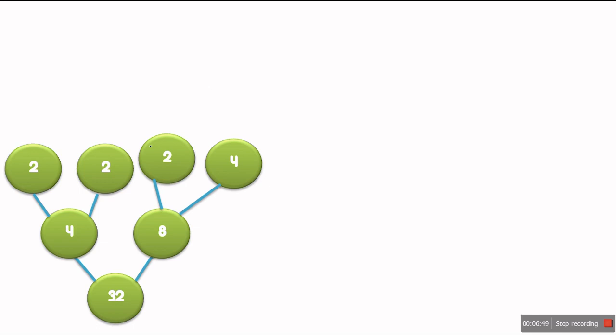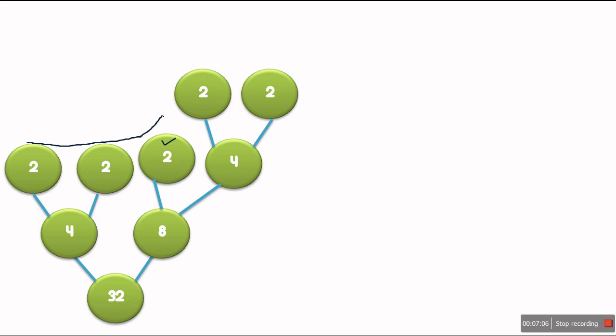This 2 is a prime number, so this branch will finish here. This will break again. 2 times 2 is 4. So now 32 can be written as a product of these prime factors: 2 into 2 into 2 into 2 into 2, which means 1, 2, 3, 4, 5 times 2.